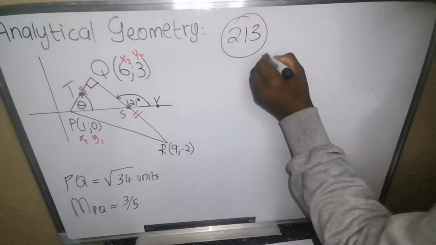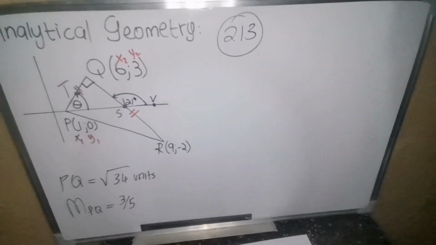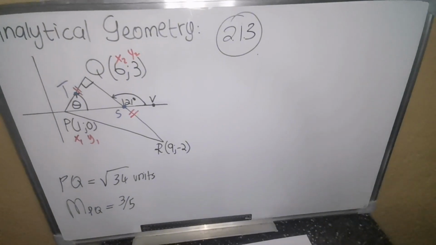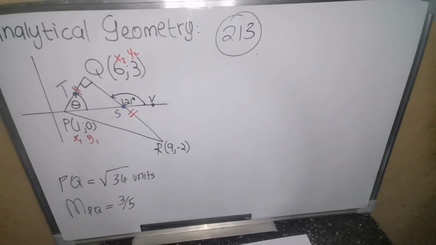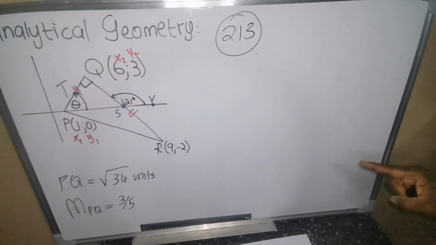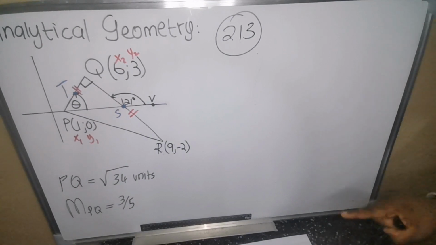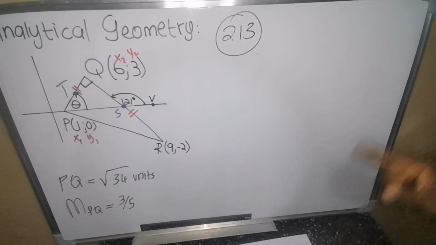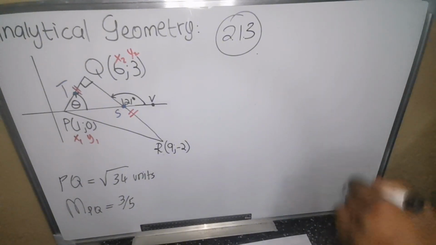2.1.3. It says determine the coordinates of T, the coordinates of this point T. Remember point T, they told you that T is the midpoint of PQ. For you to find the coordinates of T, you must use the midpoint formula.